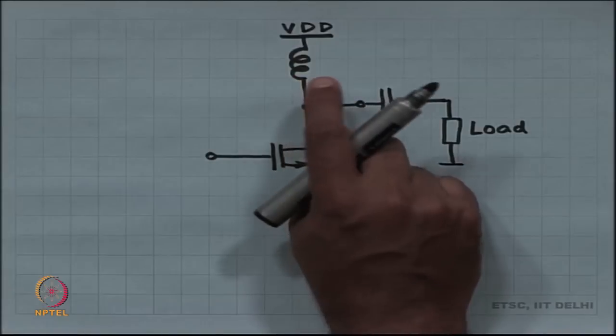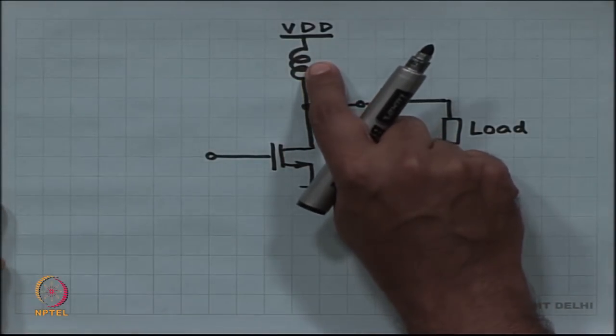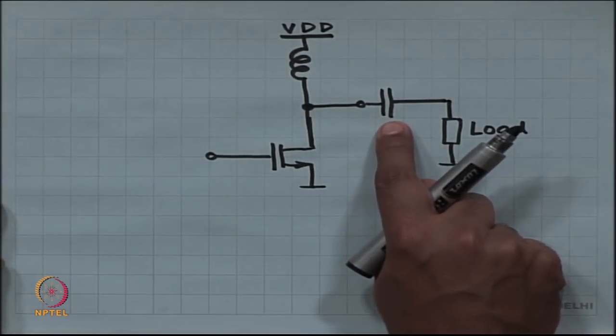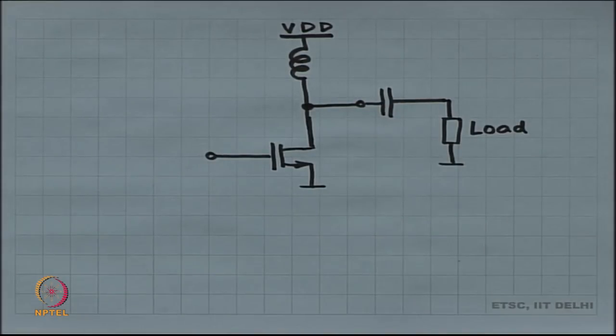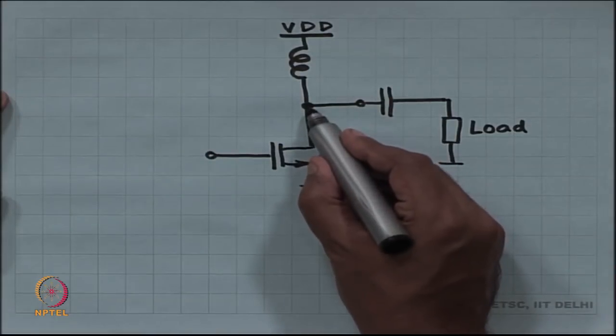So, the inductor is DC short, AC open, the capacitor is an AC short, DC open. Okay. These are huge valued capacitors and inductors. Now, automatically the bias point at the drain is VDD, the DC operating point of this MOSFET.